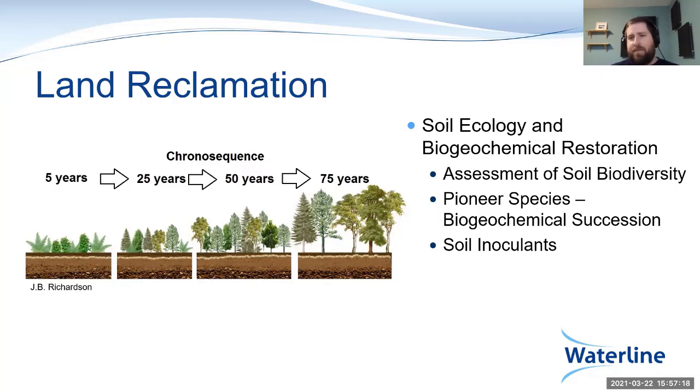But even at that 75 years, depending on what you've got as far as soil ecology, soil health going in, 75 years may be a mature forest stand, but it won't have the biodiversity that the natural ecosystem does. And so all the more reason to be looking at soil ecology right from the get-go.